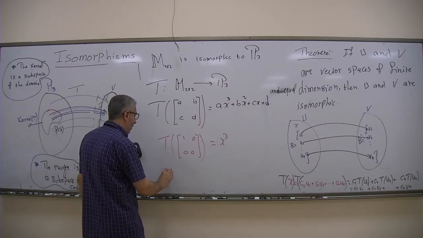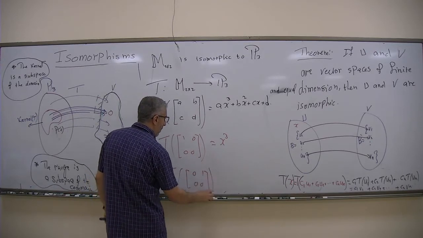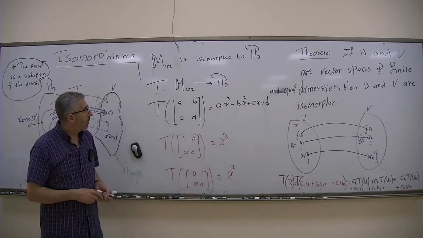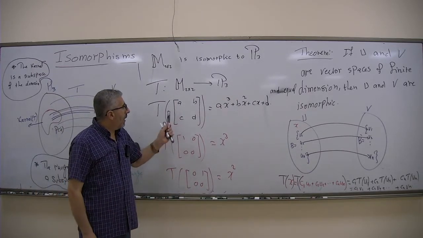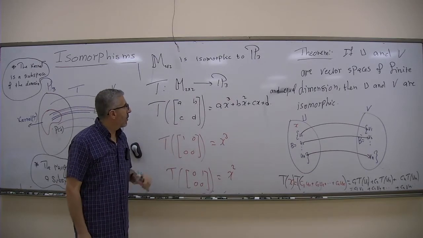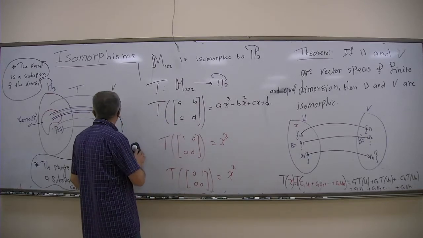T of 0, 1, 0, 0 is x squared, and so on and so forth. So this is linear. It is one-to-one. It is onto. So this is an isomorphism between those two vector spaces.